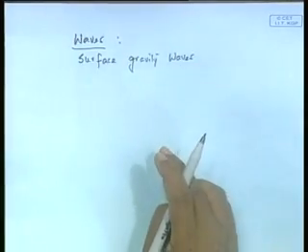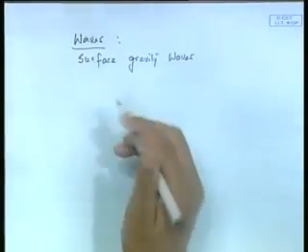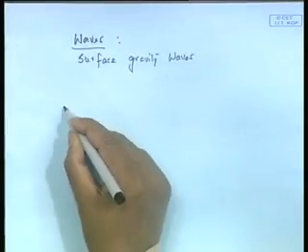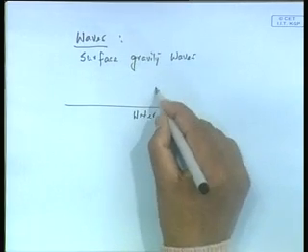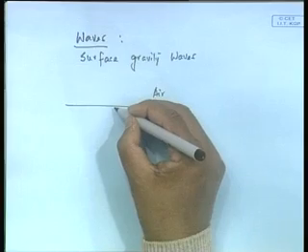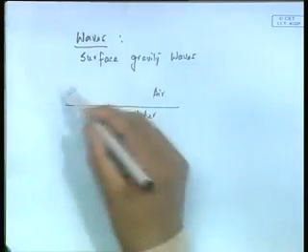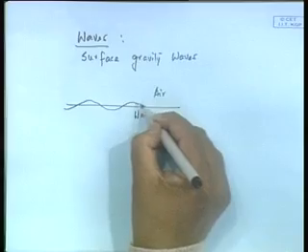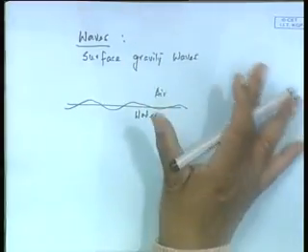Now, by definition, if I have a free surface meaning an interface between water and air, and if I cause a disturbance on the surface, any kind of disturbance under action of gravity, the surface undergoes an undulation, and this is known as waves. This is the definition of waves.